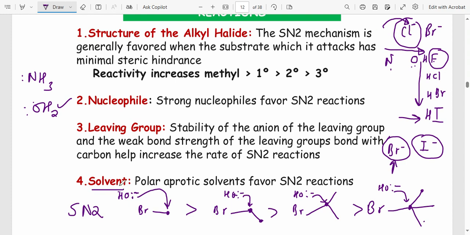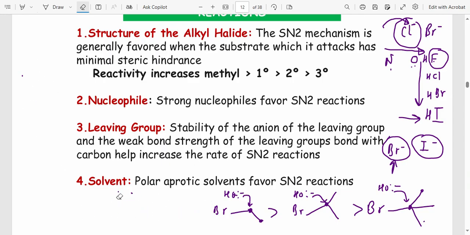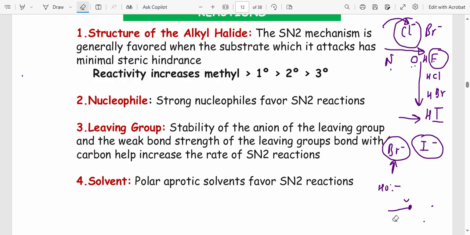A solvent is also very important when it comes to SN2 reactions. SN2 reactions are favored by what we call polar aprotic solvents. You need to know why. What do we mean by polar aprotic? This is a solvent that is polar, meaning that it has positive charges and negative charges, but it is aprotic.